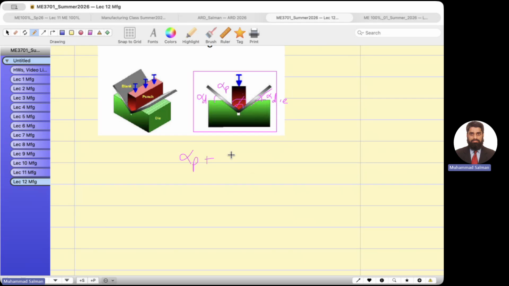You see my point, guys? So 2 times alpha die angle plus the punch angle becomes a straight line. Do you understand this relationship? This is important that you understand some of the terminologies of the punch and the die angles.